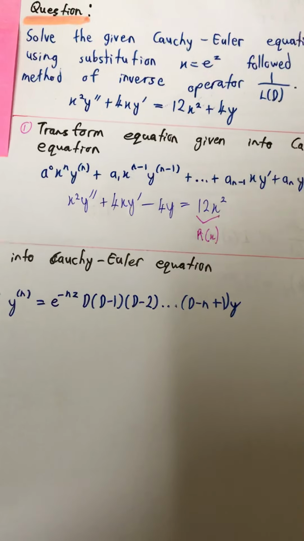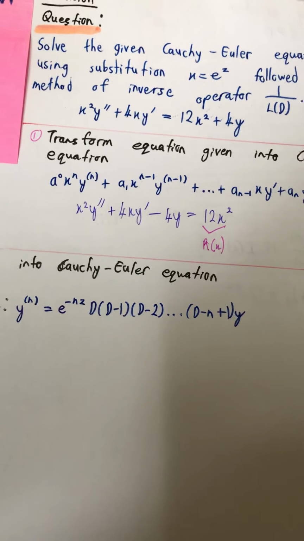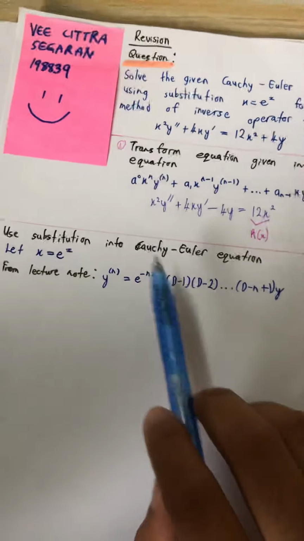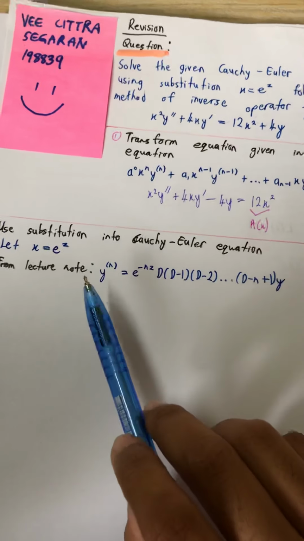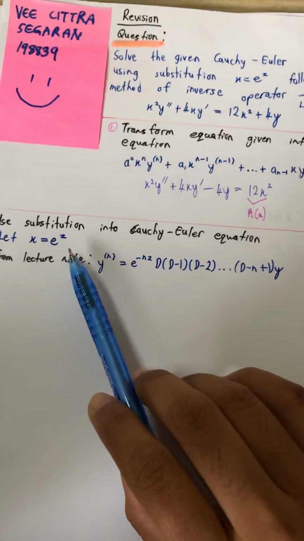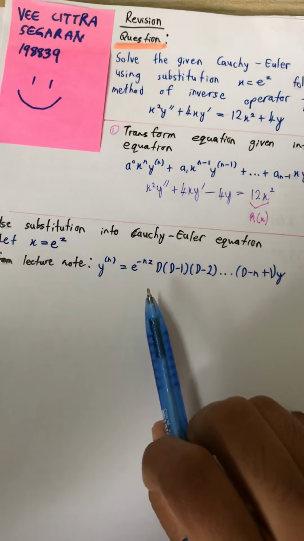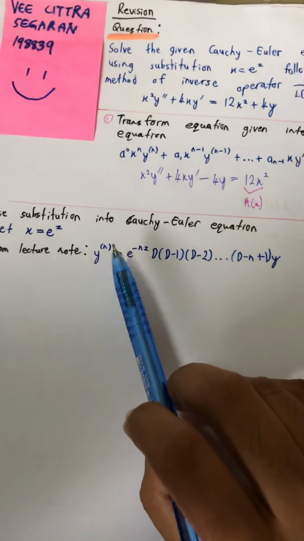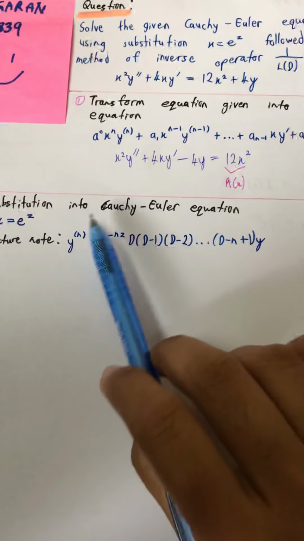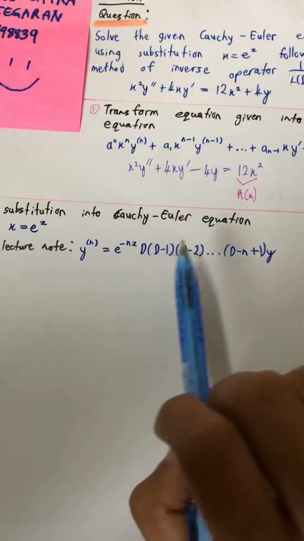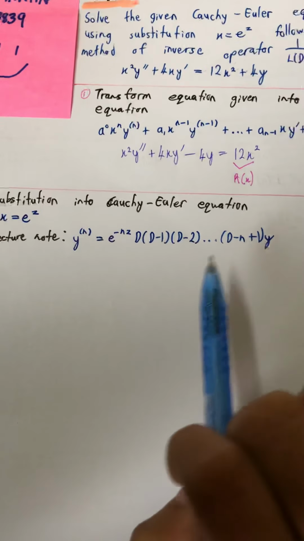And then we move to the second step, where we need to use the substitution in the Cauchy-Euler equation. The substitution is we let x equal to e to the power of z. Note that from the lecture note, we can find y prime and y double prime using this general formula, which is already proved in the lecture note.